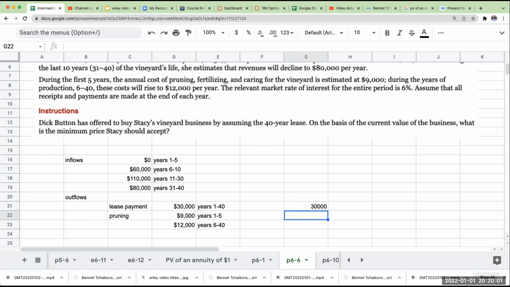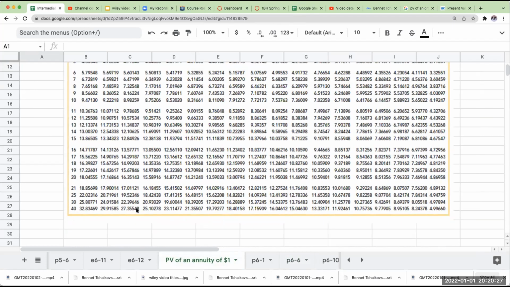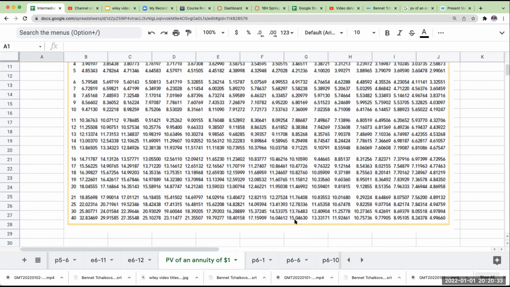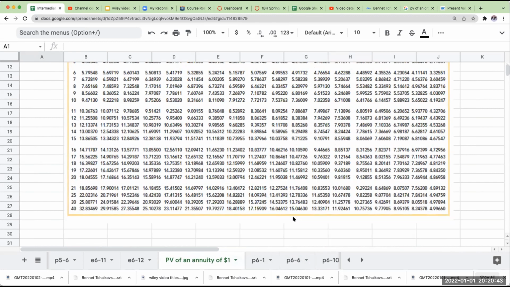I'm going to take 30,000, the lease payment, times the present value of an ordinary annuity of $1, for 40 periods at 6%. So if I look at the present value of an ordinary annuity of $1 table, 40 periods at 6%, the factor is 15.04630.